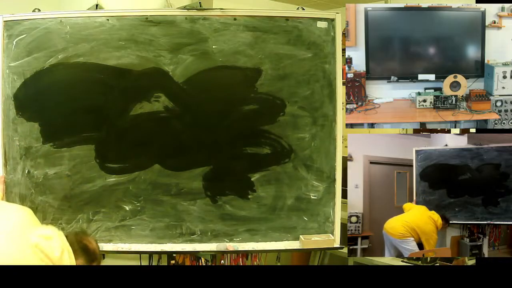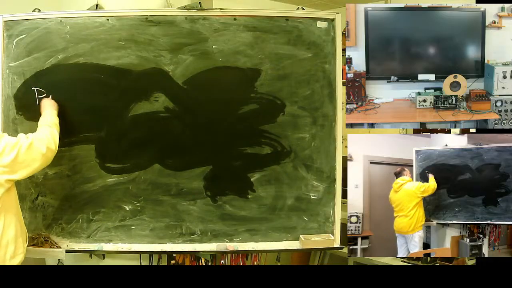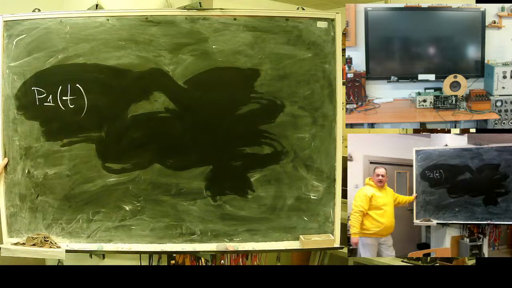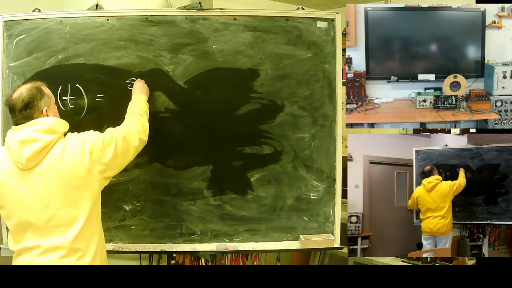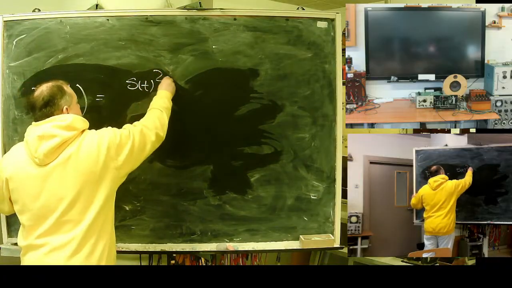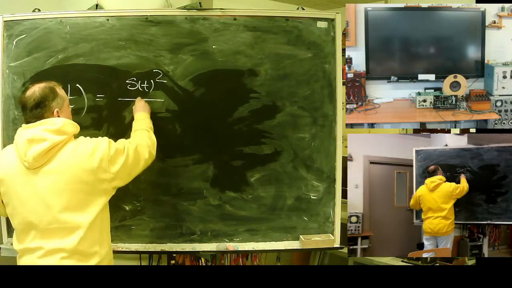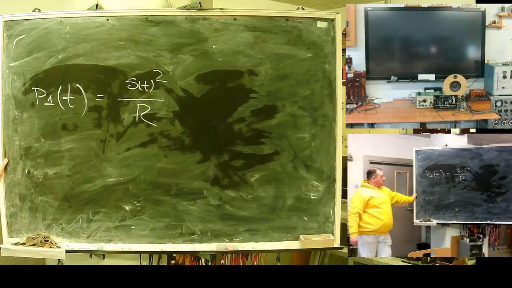Actually, first, P1. What about P1? Power 1 as an instant power in any time moment will be square of my signal magnitude at this time divided by R. Same way as I got it for DC.